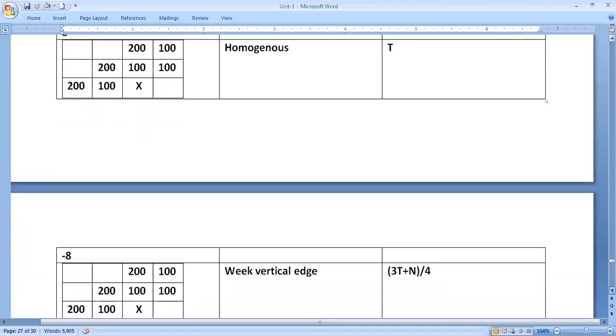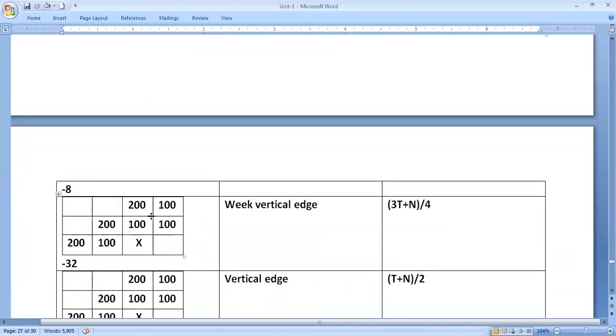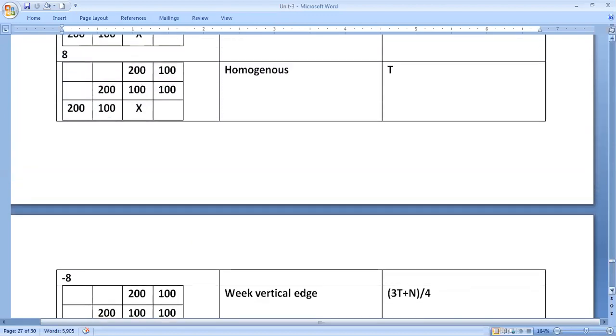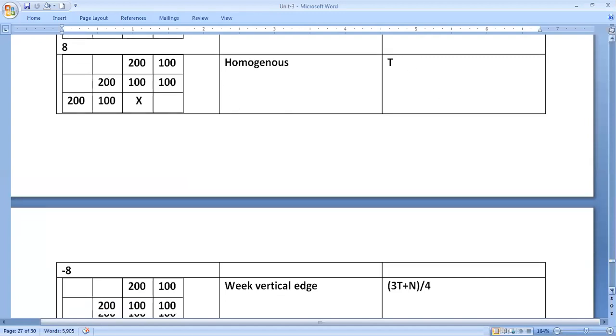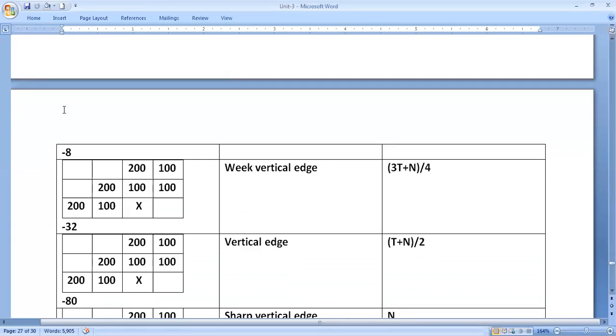If dv minus dh lies between 8 and minus 8, then x will be encoded as t. And if dv minus dh lies between minus 8 and minus 32, then x will be encoded with the help of this formula.